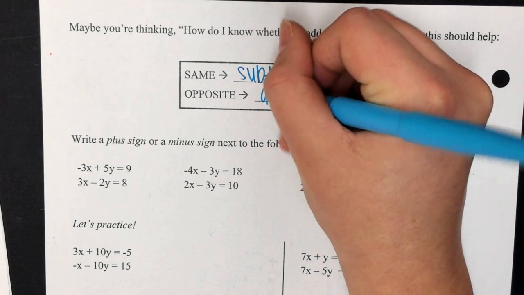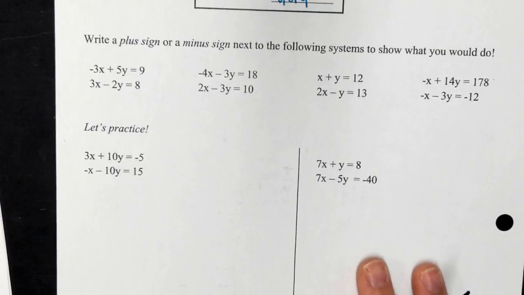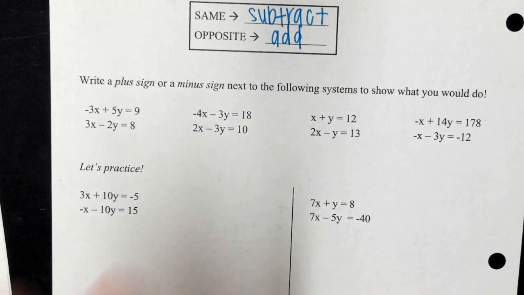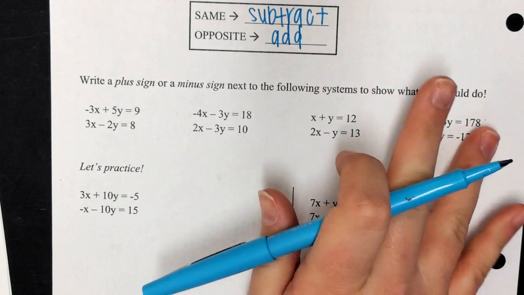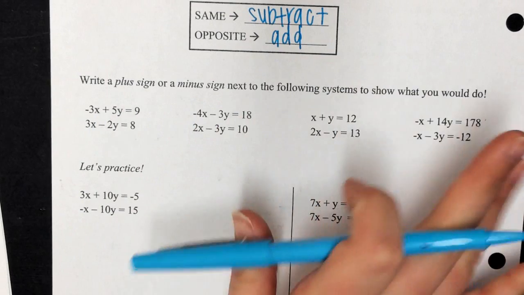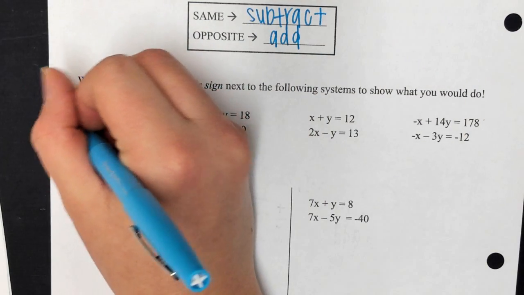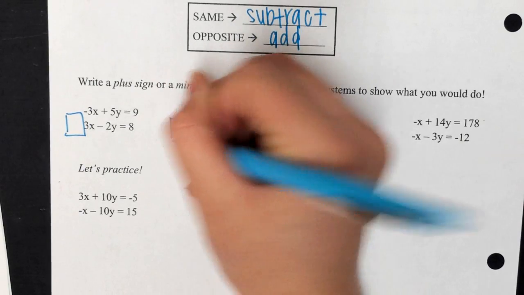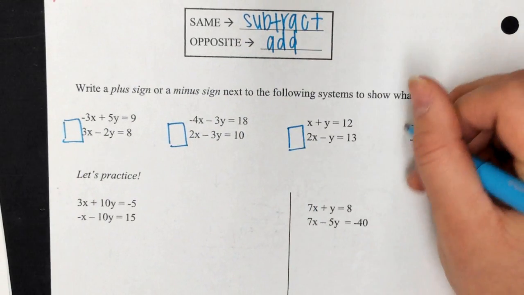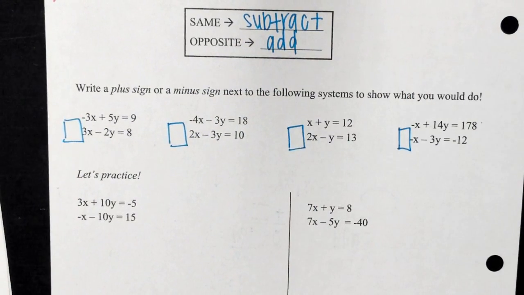Opposite, you add. What I want you to do right now, you don't need to solve these 4 equations. But I want to know is would you add these or subtract them? Fill in those 4 squares by telling me if you would add or subtract.